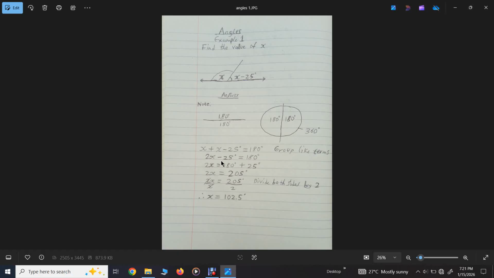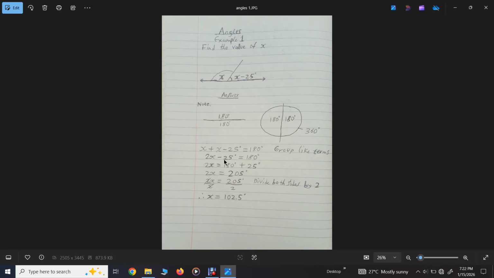Now note this very well: whenever a term crosses the equal sign, its sign changes. So when it is negative, it changes to positive, and when it is positive, it changes to negative.